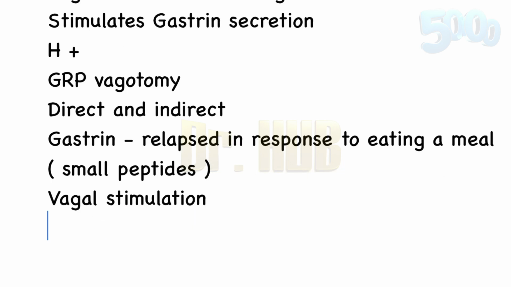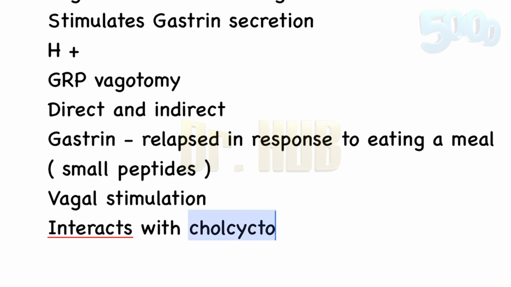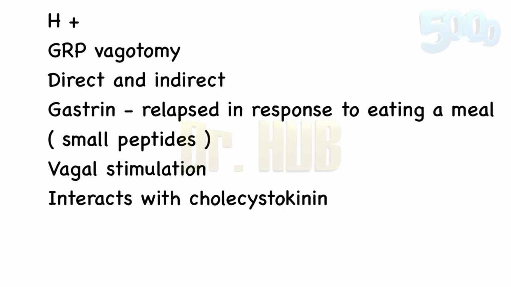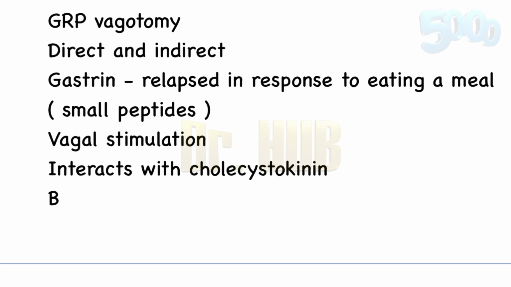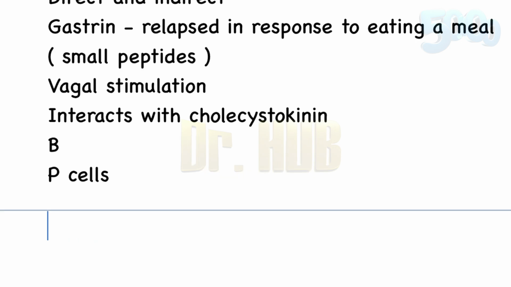It stimulates H+ secretion by interacting with the cholecystokinin B receptor on the parietal cells. The second messenger for gastrin on the parietal cell is IP3 and calcium.